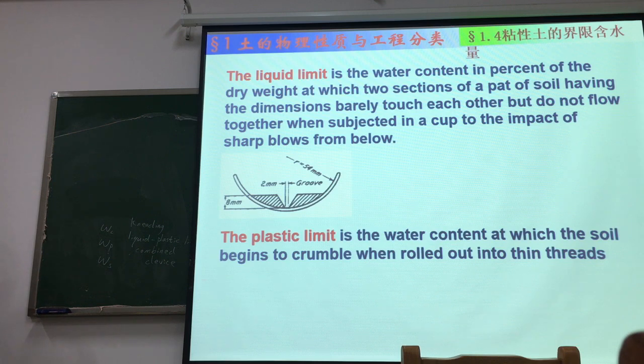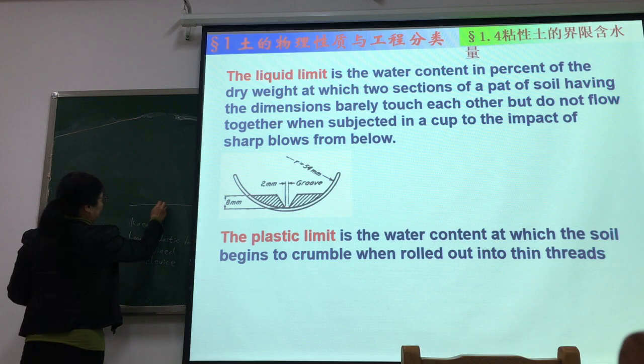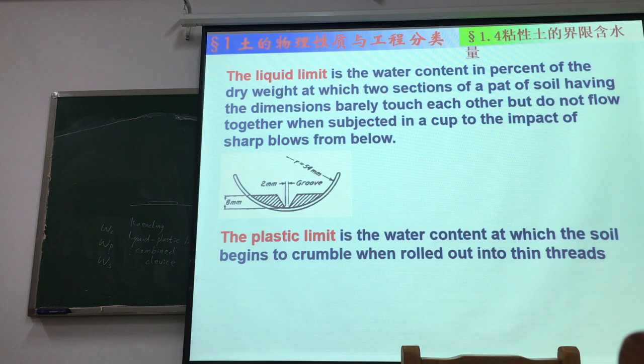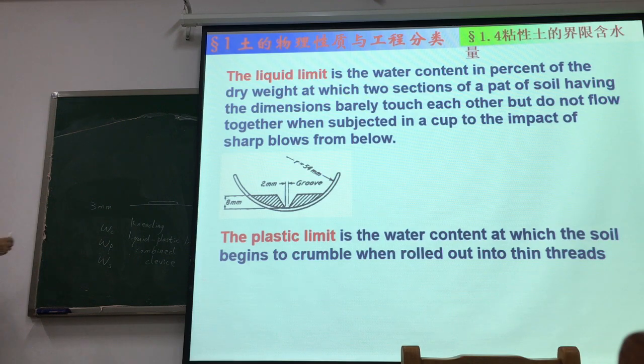One of the specimens is taken and rolled, and then here we roll the soil specimen, and when the diameter of the soil thread reaches 3 millimeters, the specimen may crumble.